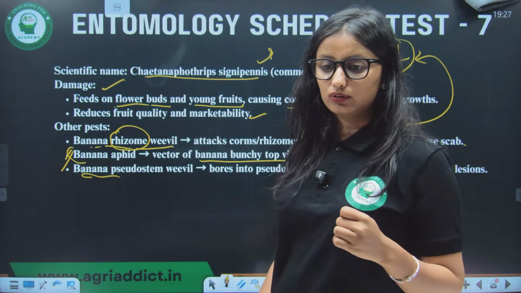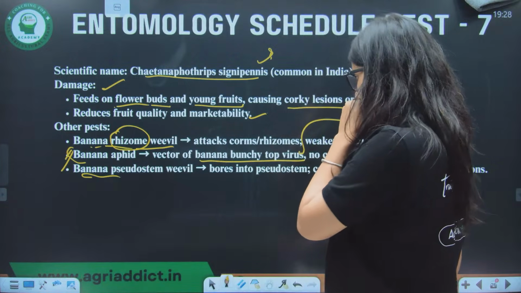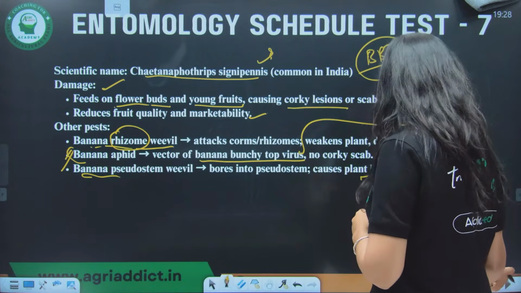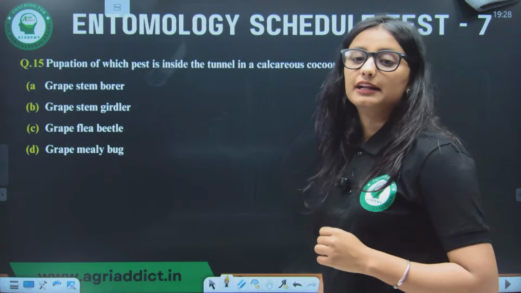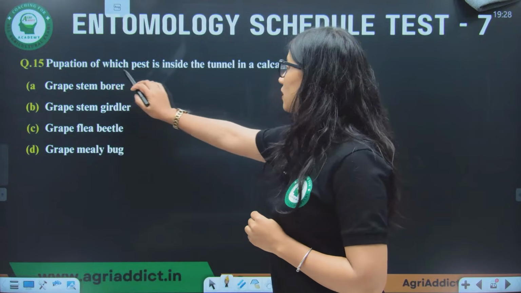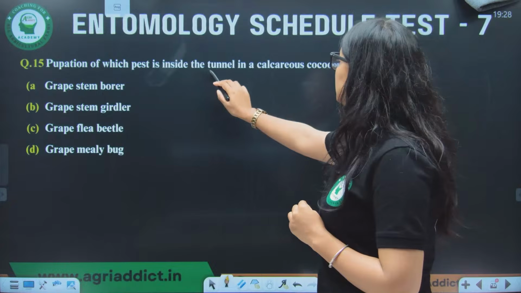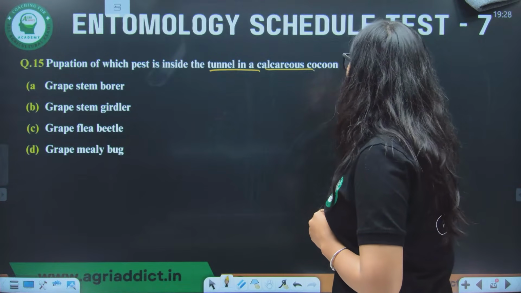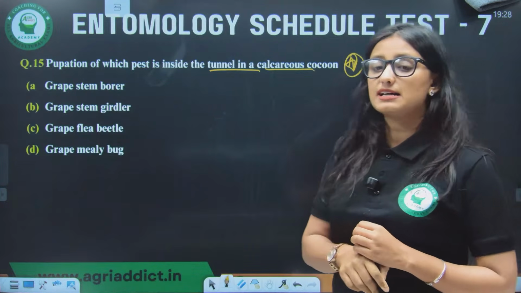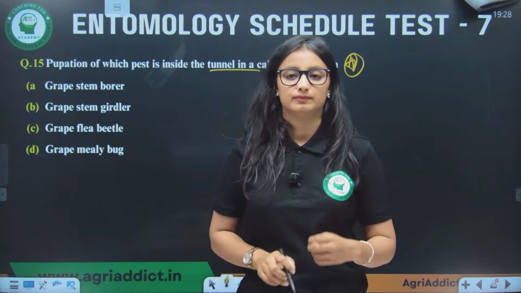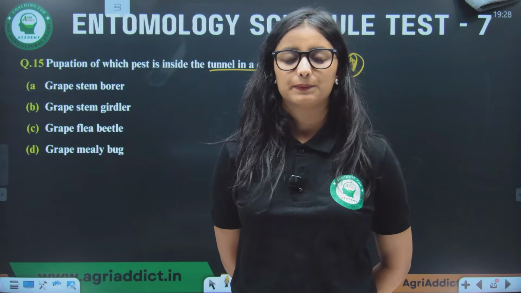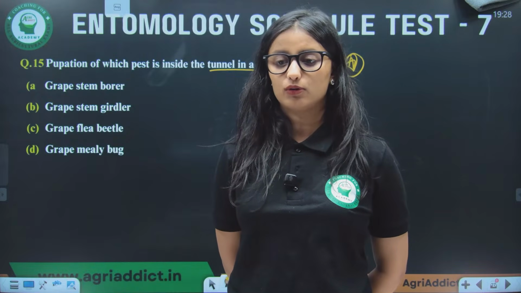Pentalonia nigronervosa. Okay. Very good. Now answer this one. Pupation of which pest is inside the tunnel in a calcareous cocoon? I am asking about calcareous cocoon. What about this one?